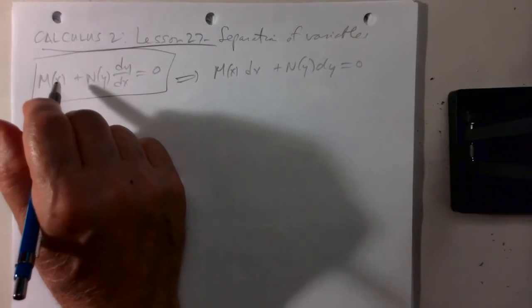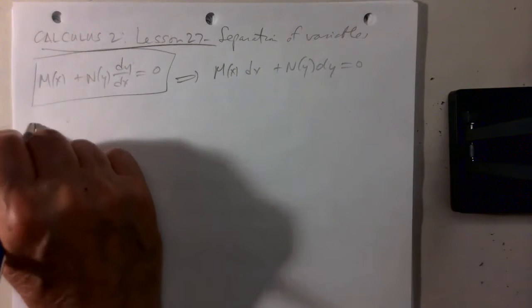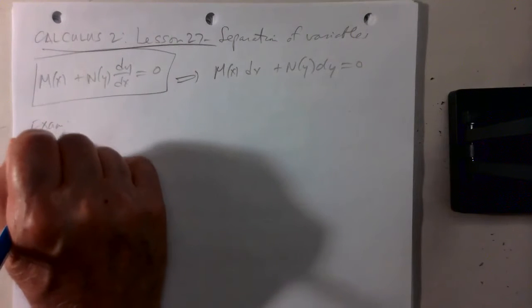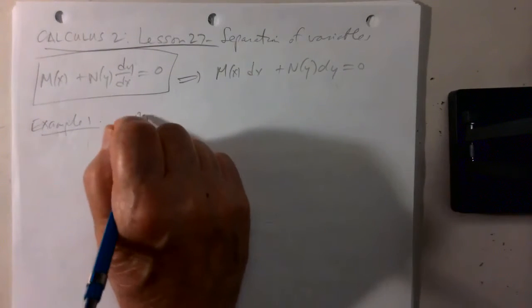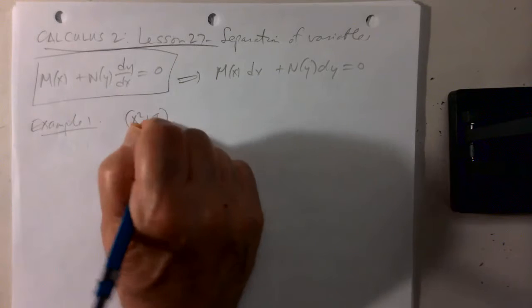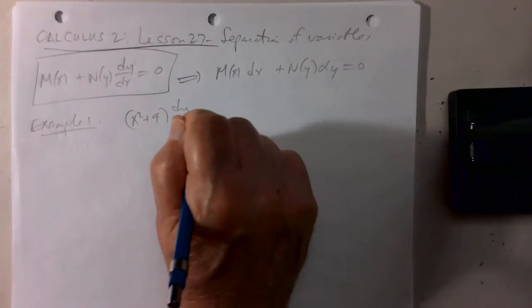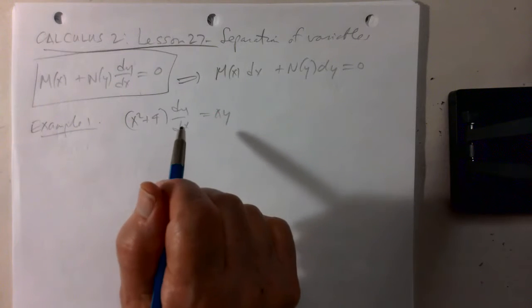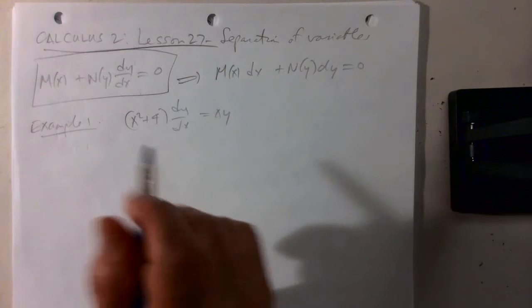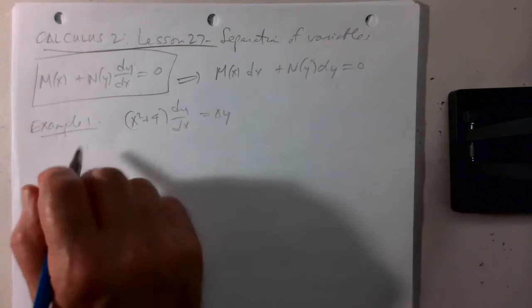So let me just do some problems. This is the way to learn mathematics, is to solve problems. So suppose we have the equation x squared plus 4 times dy dx equals xy. So this is not of this form yet. We could make it in that form as follows. We could divide by x squared plus 4 times y.